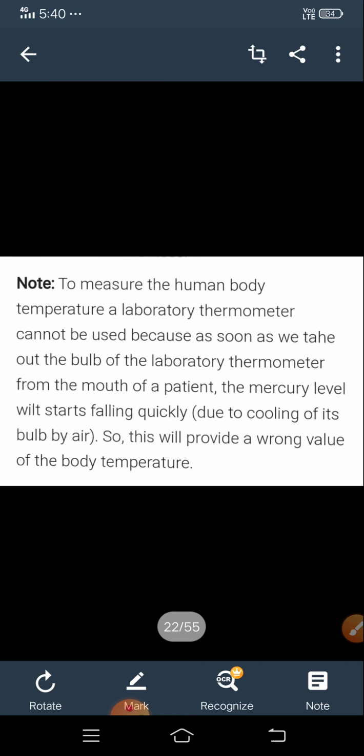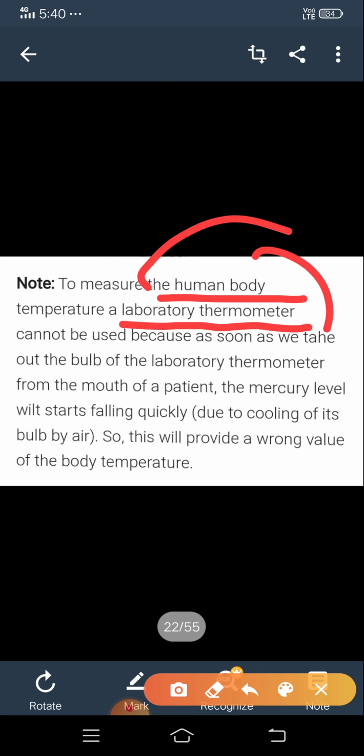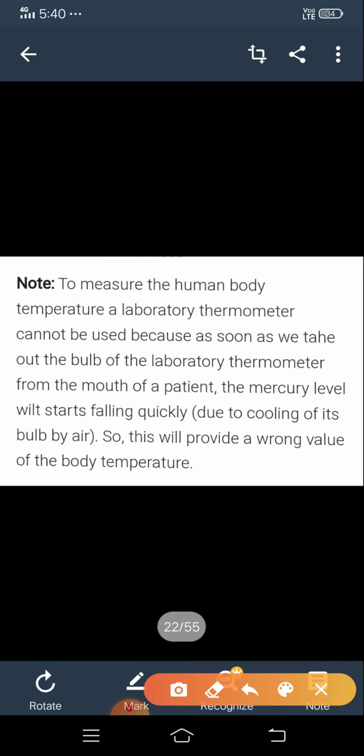One important note: to measure the human body temperature, as you know, we use the clinical thermometer. But don't use the laboratory thermometer for measuring the human body, because as soon as we take the bulb of the laboratory thermometer out of the mouth of a patient, the mercury level will start falling quickly due to cooling of its bulb by air.